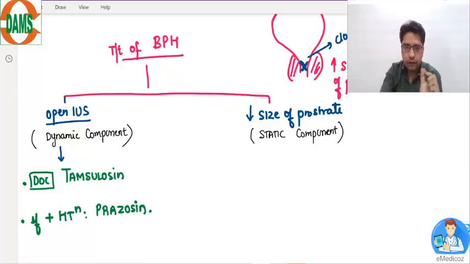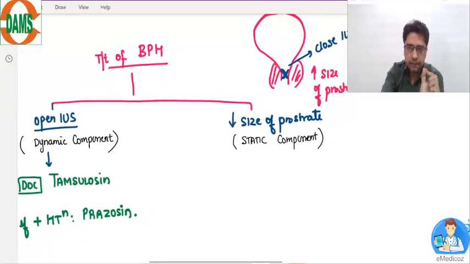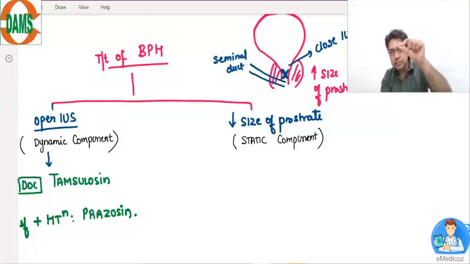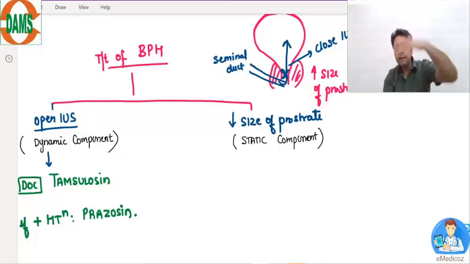Now, think logically and tell me. You know that below the internal urethral sphincter there is the opening of the seminal ducts. So if you open this sphincter, what will happen to ejaculation?